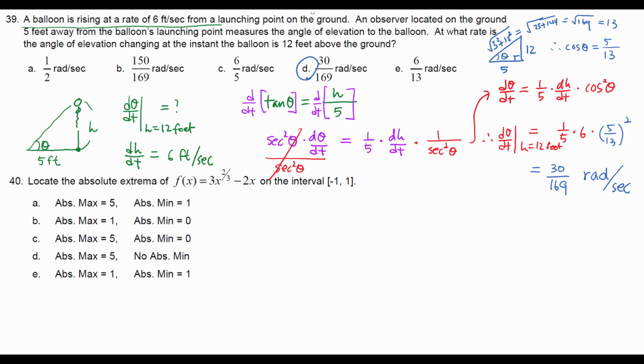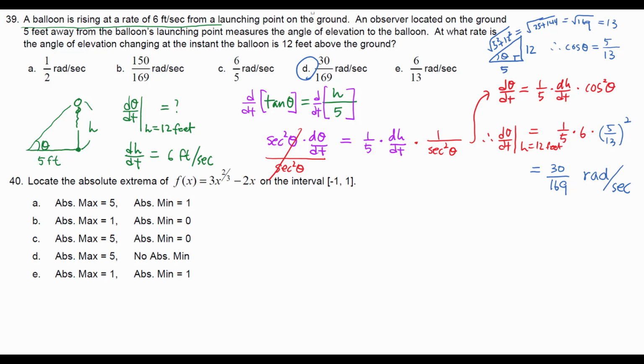This is a cube root function minus 2x. Because the cube root function is continuous on all real numbers and the 2x function is continuous on all real numbers, cube root minus 2x will be continuous on all real numbers, so it will be continuous on -1 to 1. So both absolute max and absolute minimum exist by EVT.